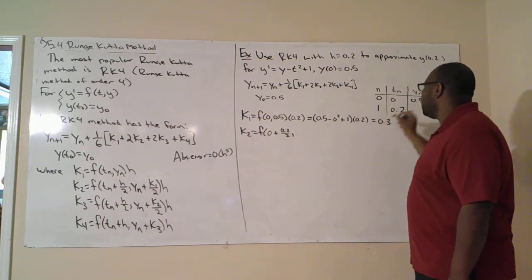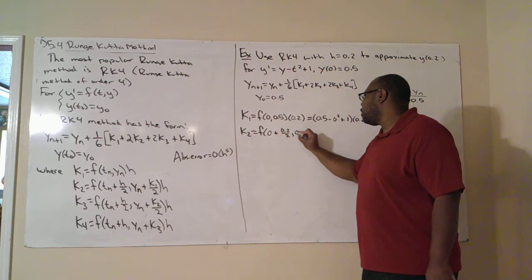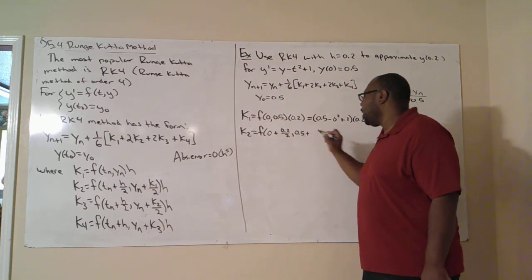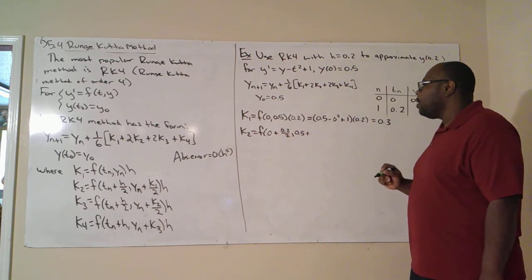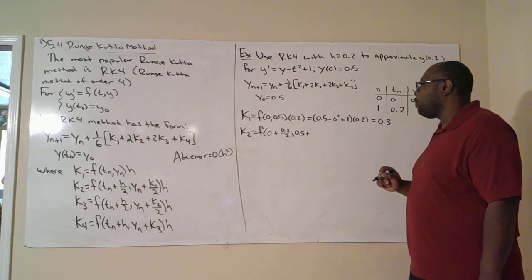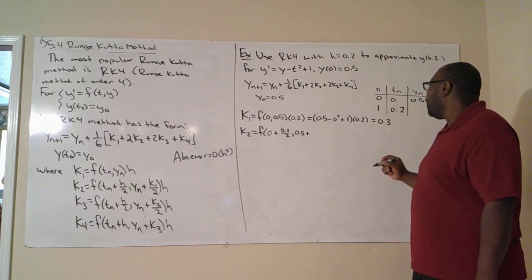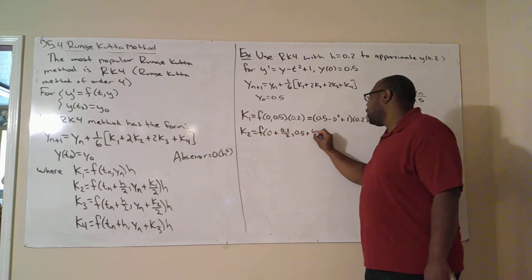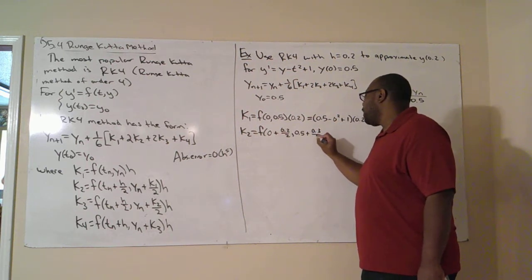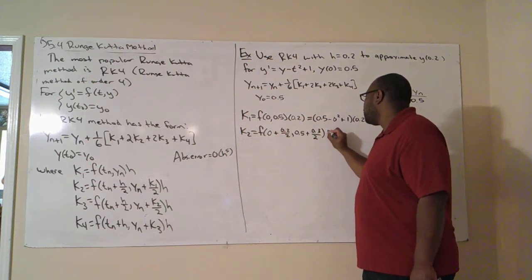Y sub 0 is 0.5 plus K1, K1 is 0.3, divided by 2, all that times h, 0.2.